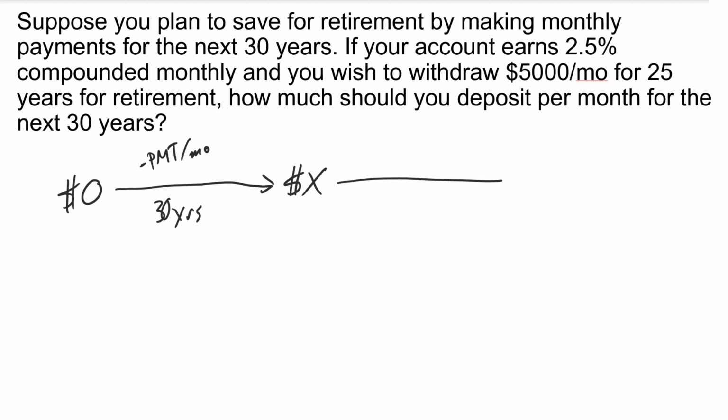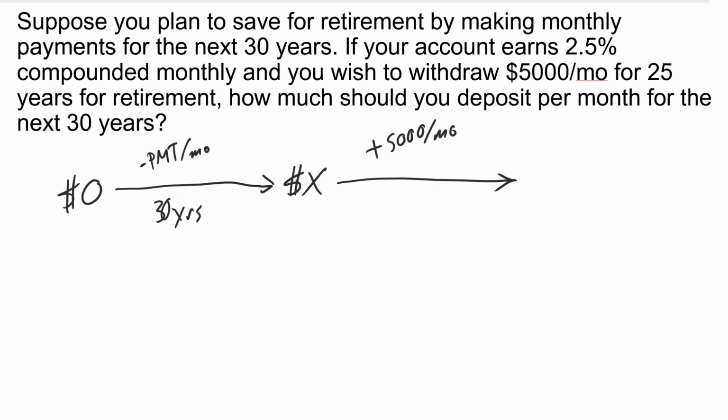Then, over the next time period, we want to take out $5,000 per month. So that's going to be a positive $5,000 a month because that is an amount of money coming to you. I know those kind of seem reversed as far as positive and negative, but remember that in the TVM Solver, money moving away from you into the bank is negative. Money coming back to you is positive.